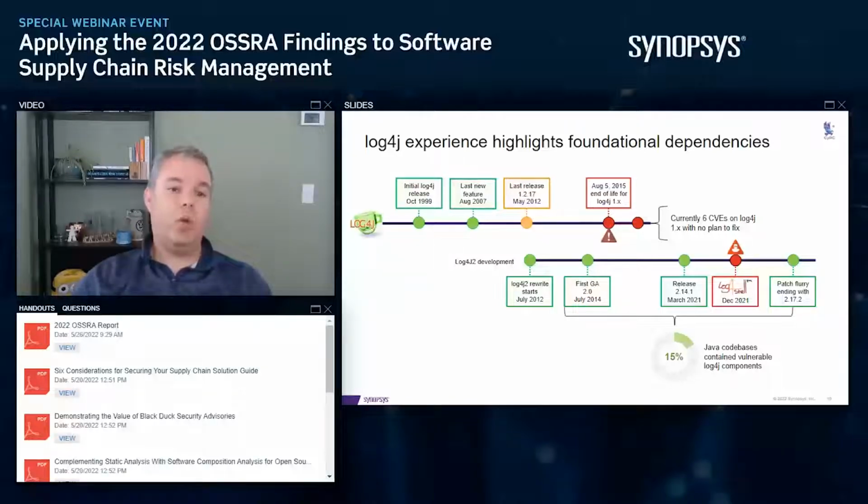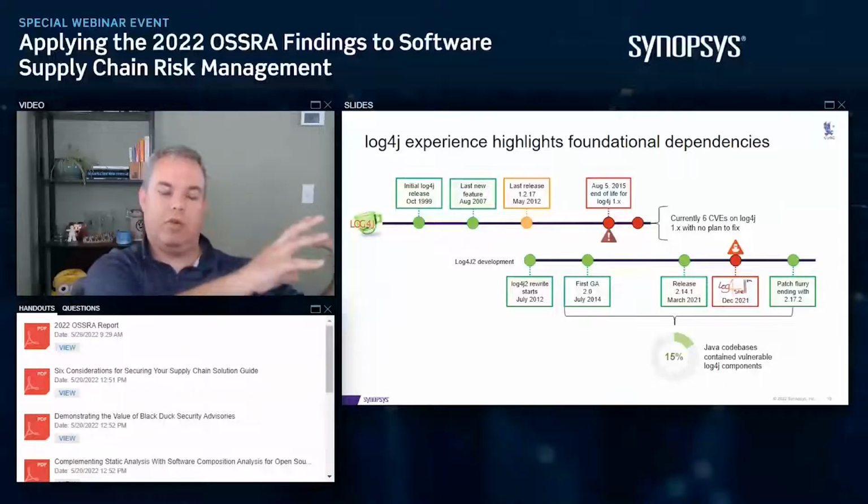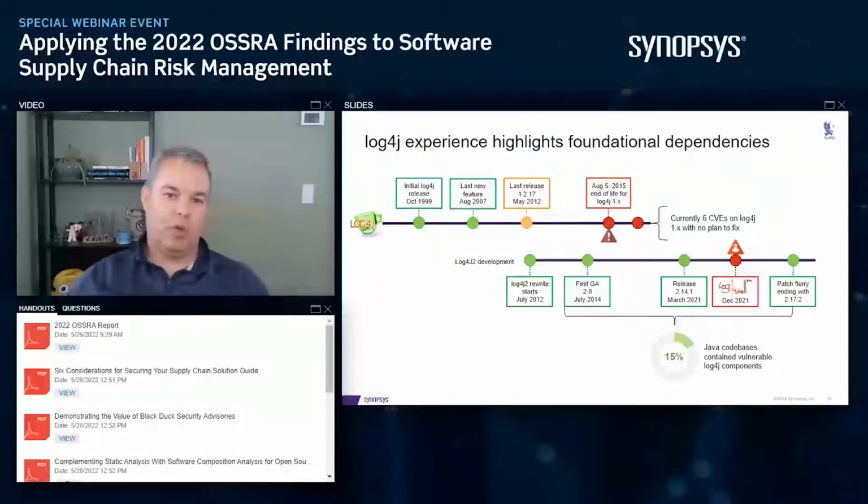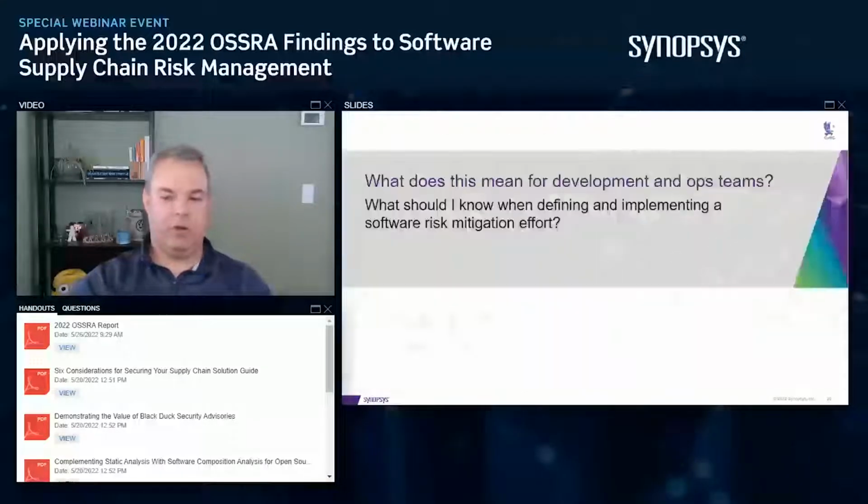For anyone who went through this whole experience, that came as a big shock: code with an end-of-life statement, whose latest version comes from 2012, is effectively powering a lot of Java applications. So when we say 80-something percent of code bases include an old component, this is a perfect scenario for that.